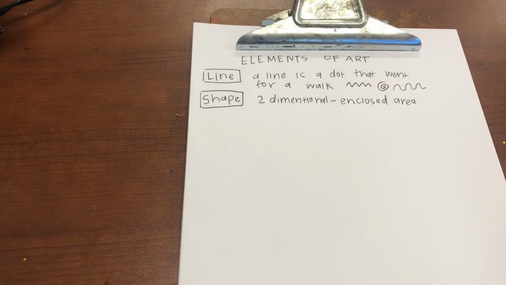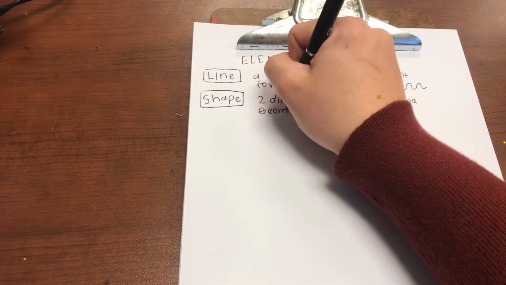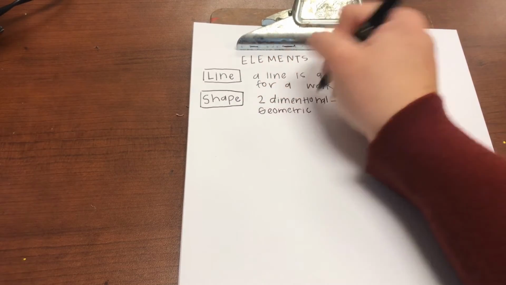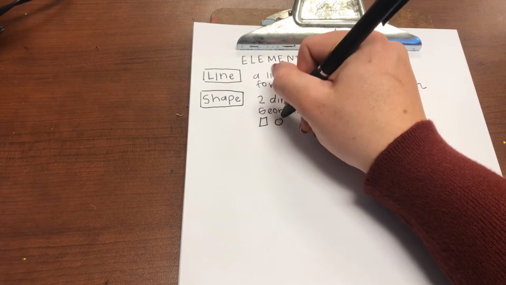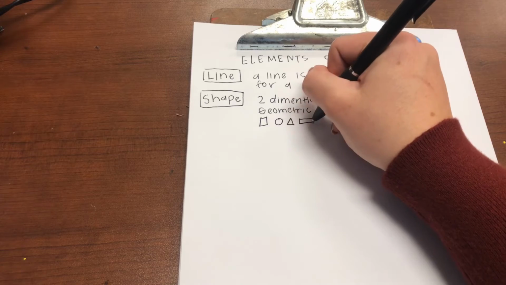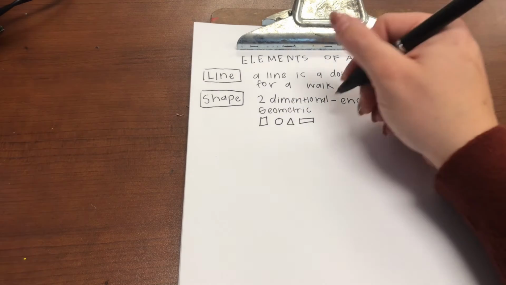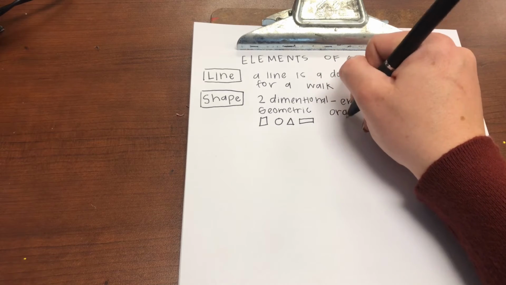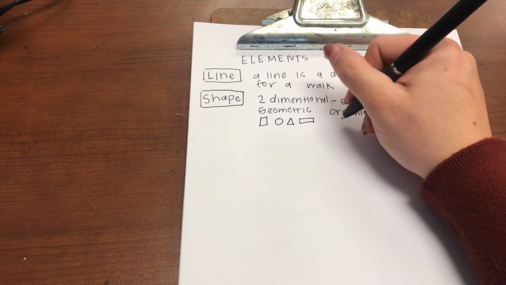This can be either geometric, and those are just your basic shapes, like a square, a circle, a triangle, rectangle, any of your very basic shapes. It could also be organic. These are your shapes that are found in nature.